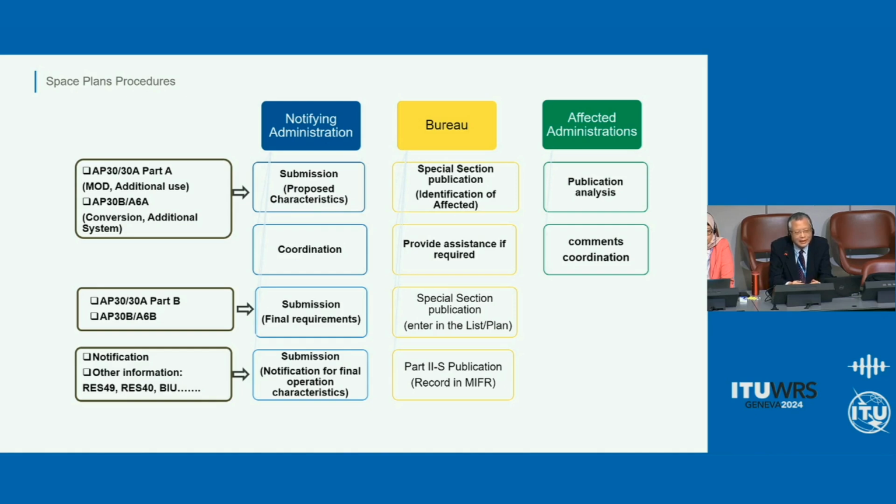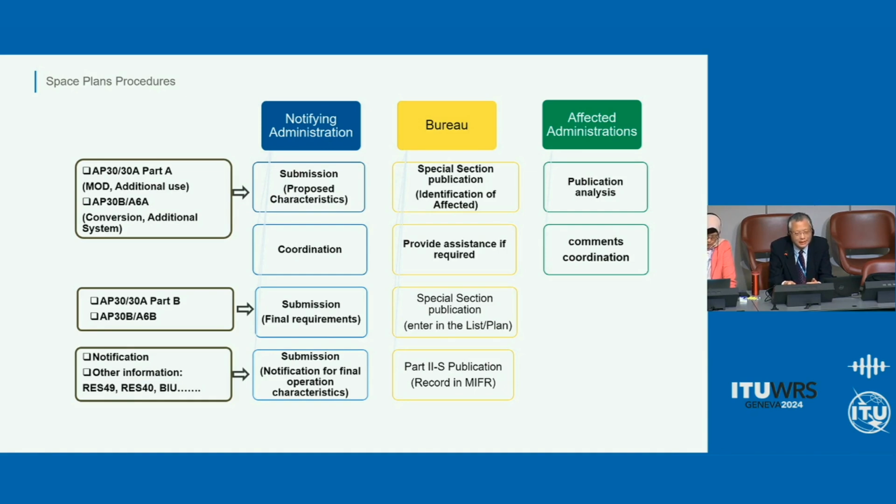Then the second step: after the comment period and the coordination, the final characteristic should be decided, and the notified administration sends that characteristic as a Part B submission to the bureau. Then, if the examination is okay, every limit is met and has been reached, then the network could enter into the list.